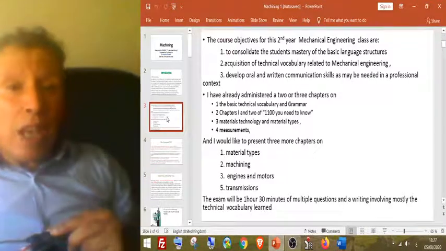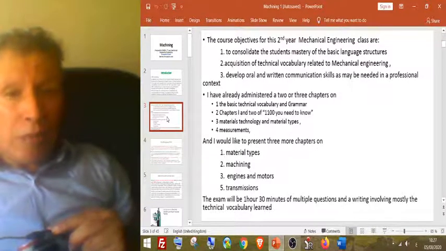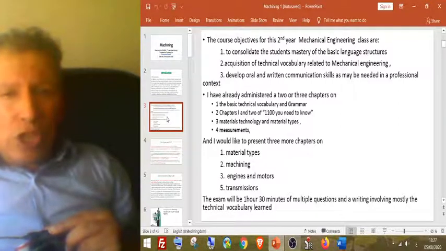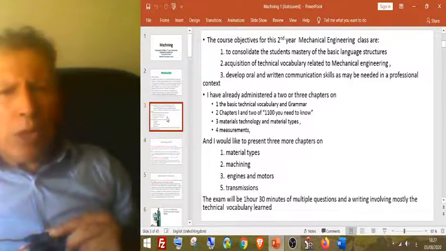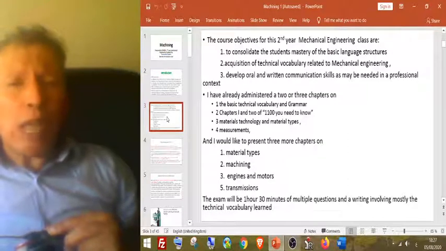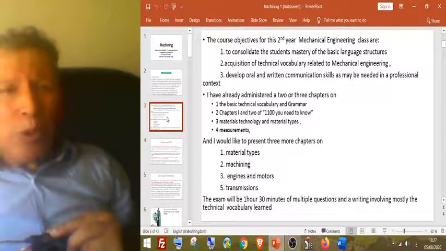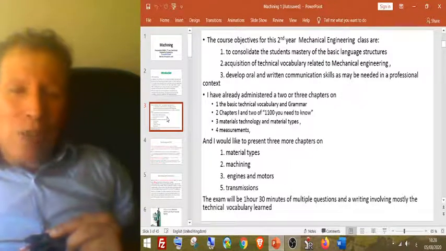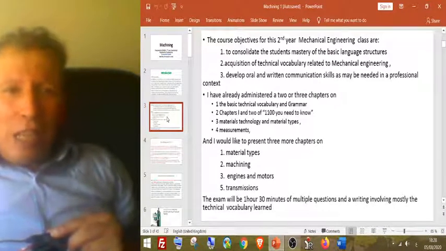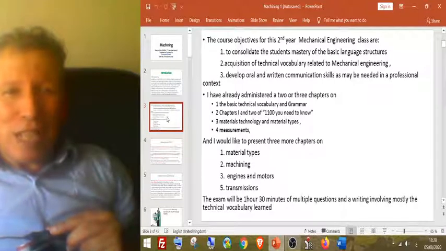Second objective is the acquisition of technical vocabulary related to mechanical engineering. As you know, English is one language as a whole, but we could divide it to be able to master parts of it. And that's where ESP, English for specific purposes, comes in.